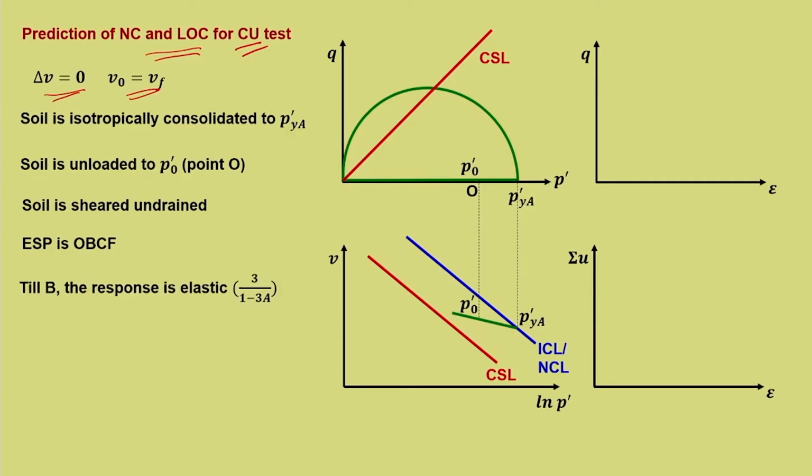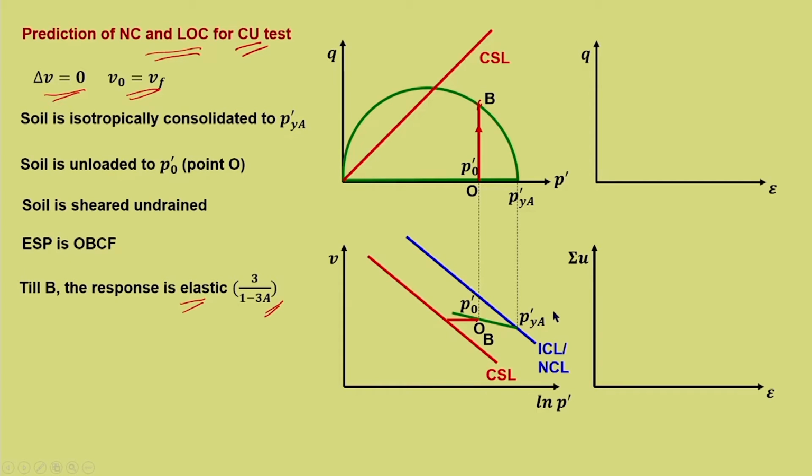So, till B the response is elastic. Again I will not discuss this because the slope is 3 by 1 minus 3a, a is equal to 1 by 3. So, it takes the path upwards till it yields at point B. That is the point, O and B is in the same line, so here also O and B is a point, same point.